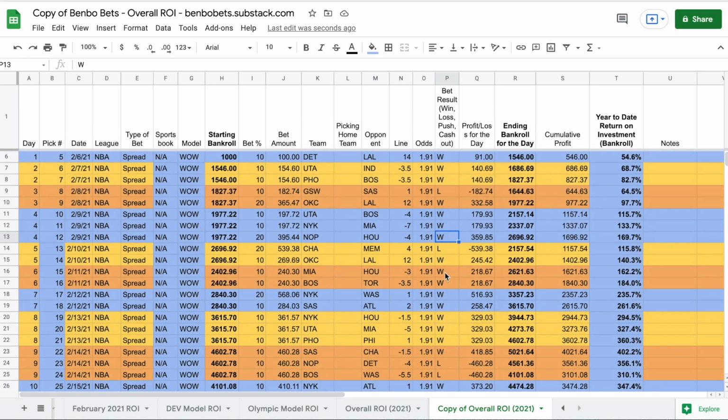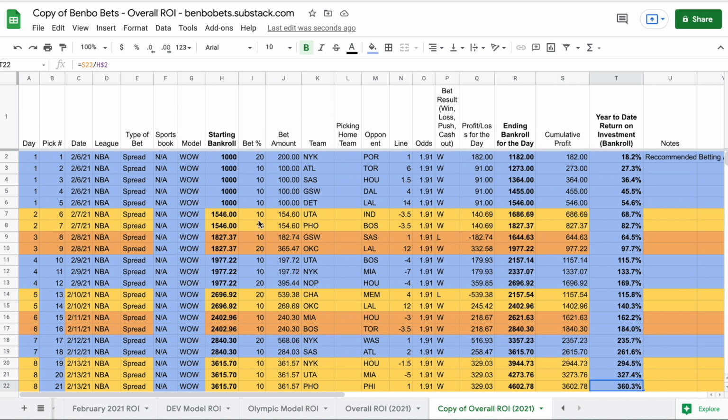Absolutely incredible winning streak. So after 21 plays, 19-2, look at that, ROI was 360%. That's insane after 8 days. But that's a combination of the recommended betting amounts being so high, and this incredible hot start.